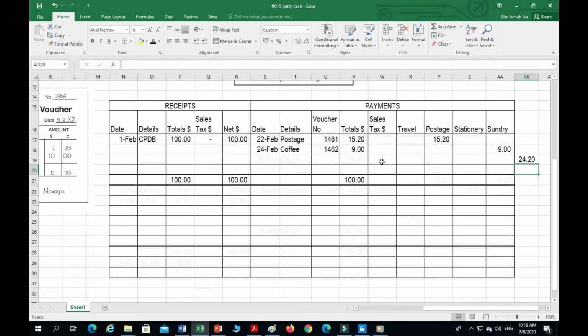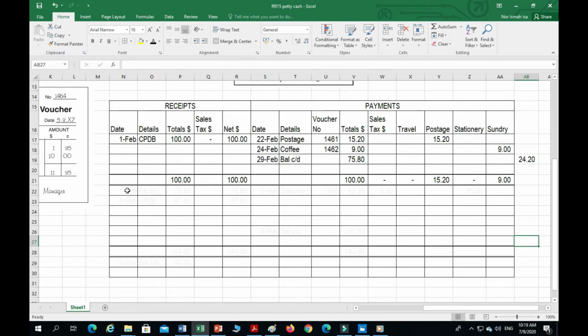The total amount for the vouchers being claimed is 2420, meaning that the balance carried down is 7880, and the total for each column is as follows.